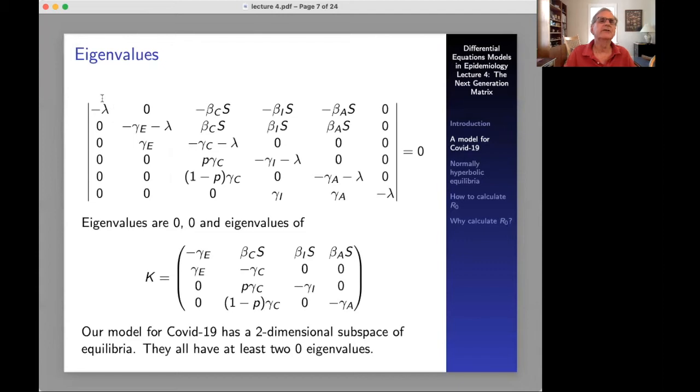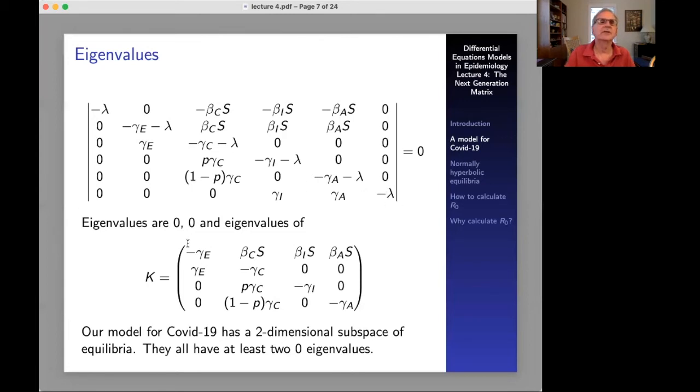What we'll get is minus lambda times the determinant of this lower 5x5 matrix, plus a bunch of zeros. That factor minus lambda is going to produce a 0 eigenvalue. Now we have to evaluate this lower 5x5 determinant. And I think I would begin by expanding by the last column because of so many zeros. We'll end up with another minus lambda times the determinant of this inside 4x4 matrix.